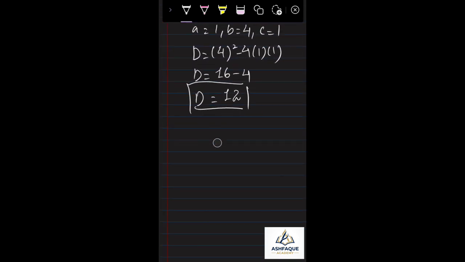So it will be solved by the quadratic formula.